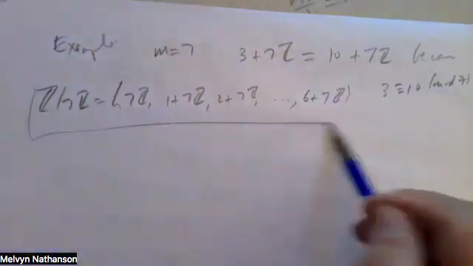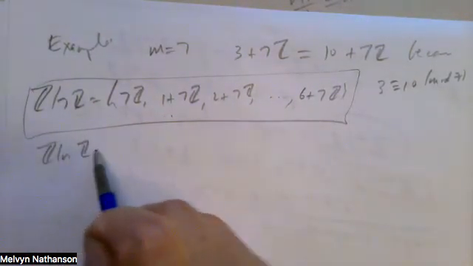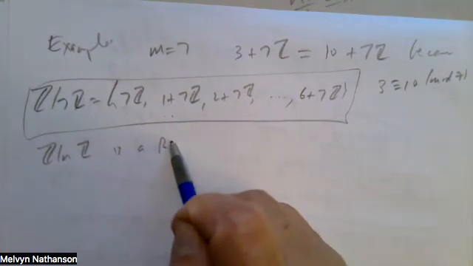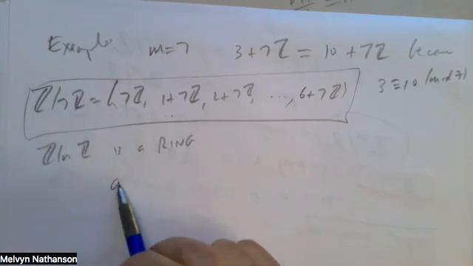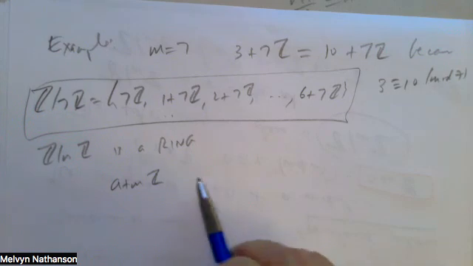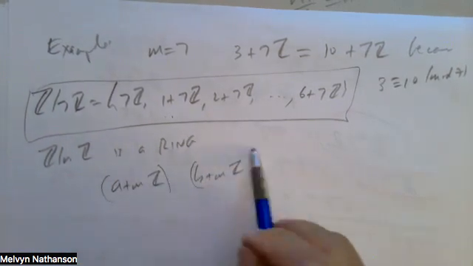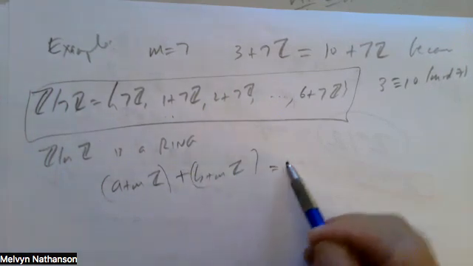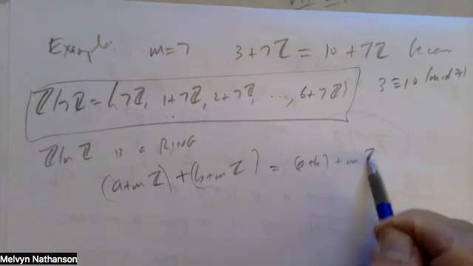Right? Z mod mZ is a ring. That means you can add and multiply congruence classes. If you have the congruence class A plus mZ and the congruence class B plus mZ, we can define the sum of these to be the congruence class of A plus B plus mZ.